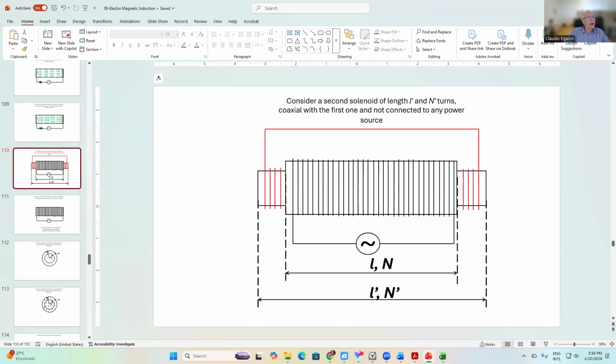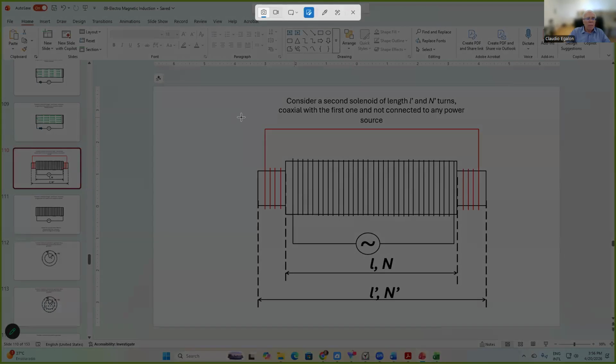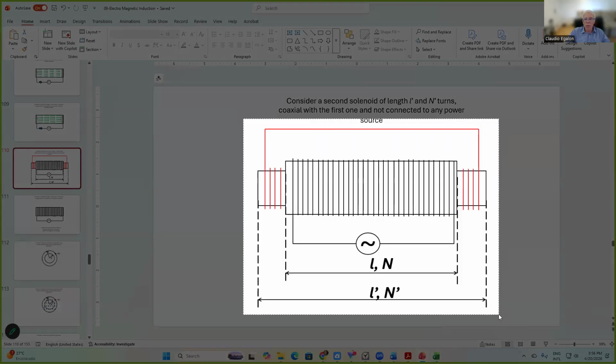One possible transformer configuration is this one right in here.